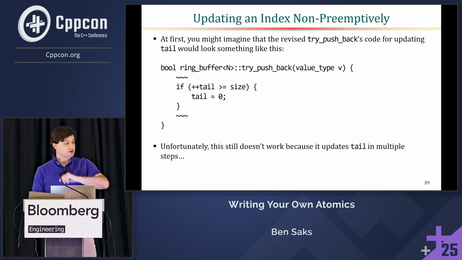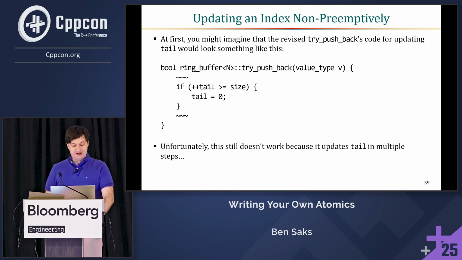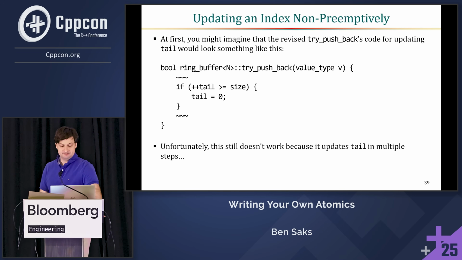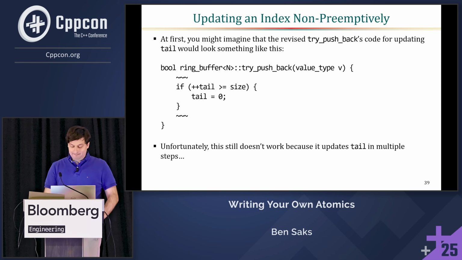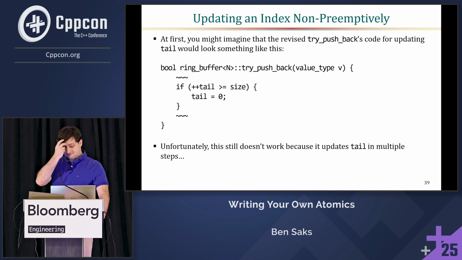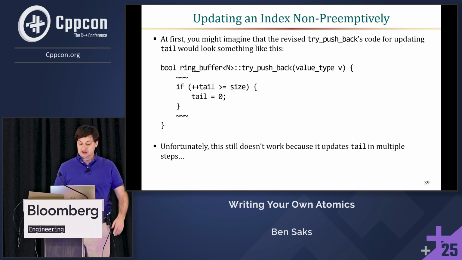All right, so now that we're using the my atomic template to wrap up the head and tail indexes, let's take another look at the try_push_back code. It looked something like this, but this version still doesn't work.